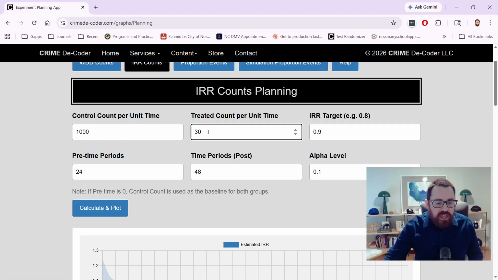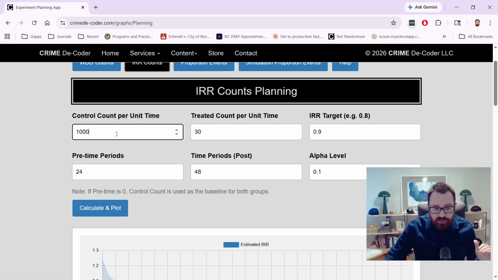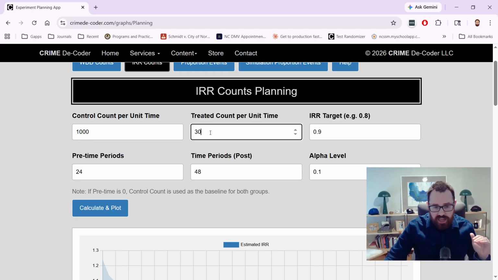You don't gain anything by, say, having the rest of the United States as the control unit. The number of crimes in the treated area's baseline limits how small that standard error can be, and at a certain extent it can never get smaller. So for some experiments, especially with rare baseline counts of crime, it may just not be feasible to know, in any realistic time period, if your intervention is working.